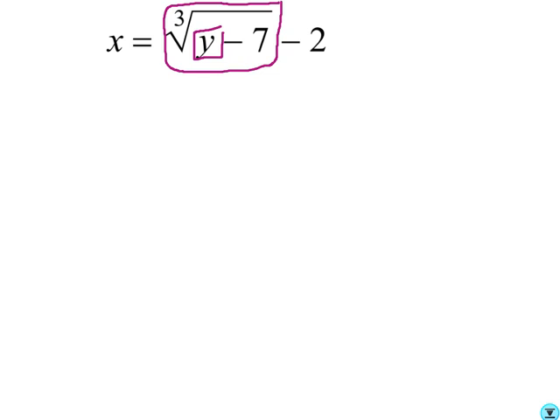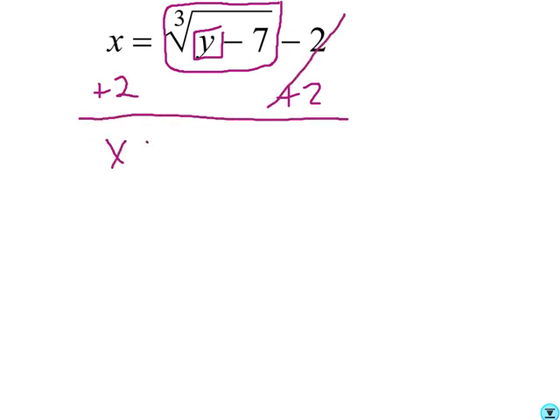So once we have this kind of squared off, we can see a little bit clearer that I'm going to need to first add 2 to both sides to get us started. So now x plus 2 is equal to the cubed root of y minus 7.